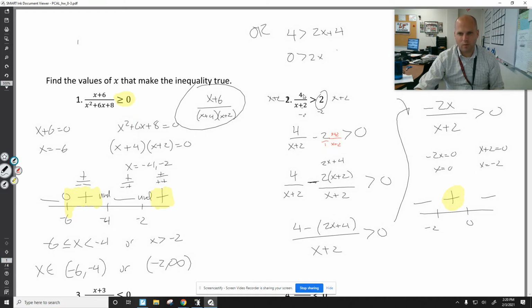But -1, 4 over, yep, -1 works. It didn't work. It should be between 0. What did I do wrong here?